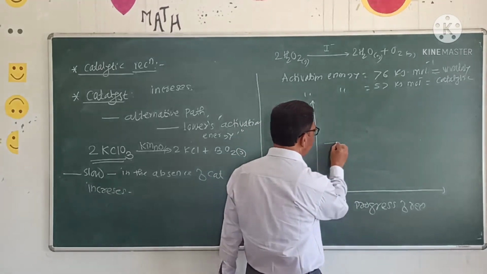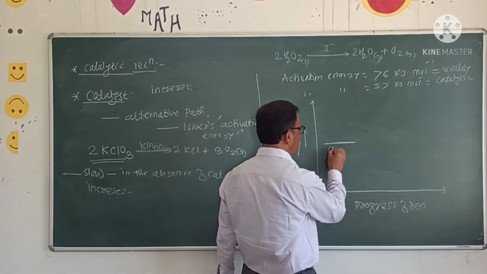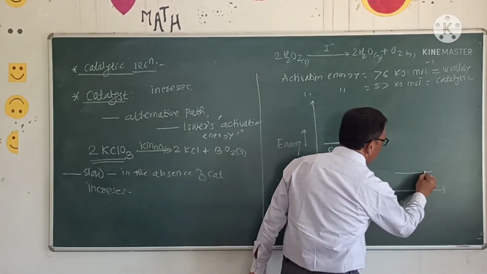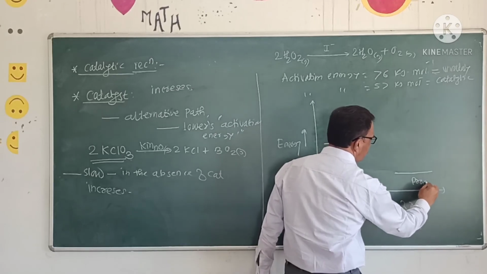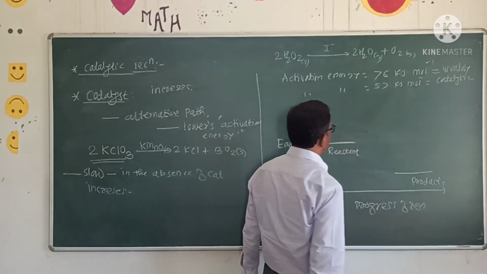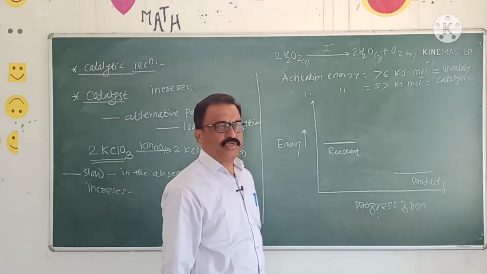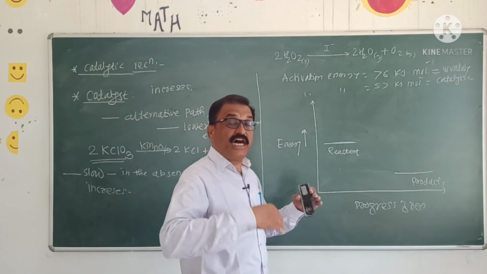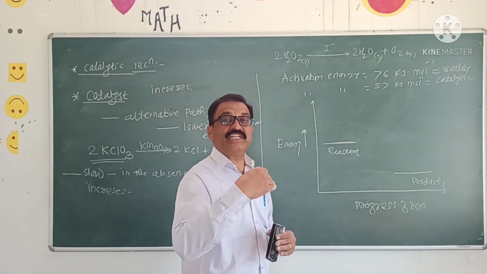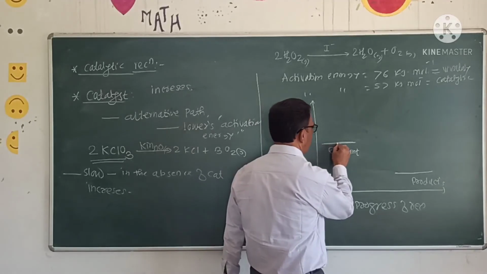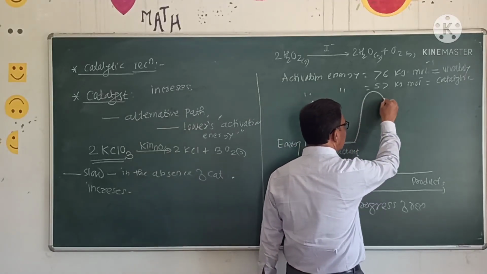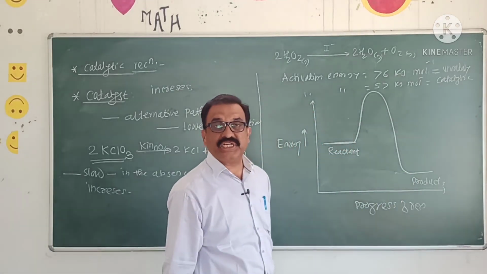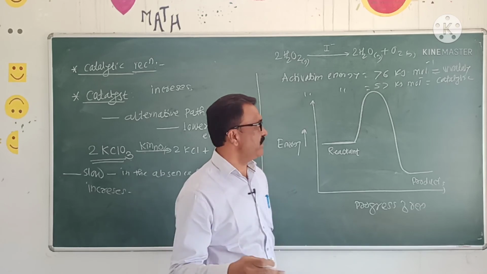Suppose at this stage our reactants are present, and here our products are formed. For this kind of conversion, a reactant must pass some energy barrier. That is, a reactant must pass such a barrier. It is called the potential energy barrier or activation energy.